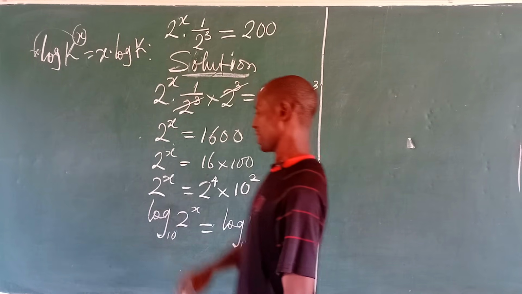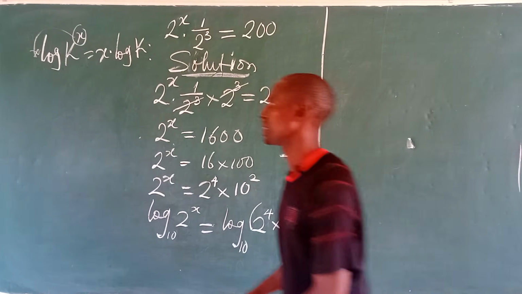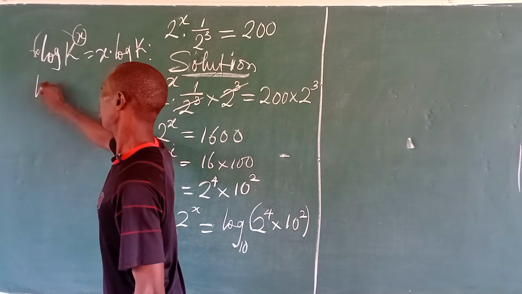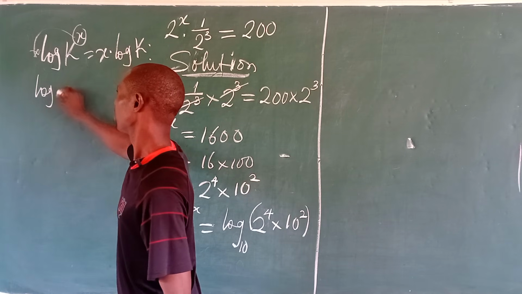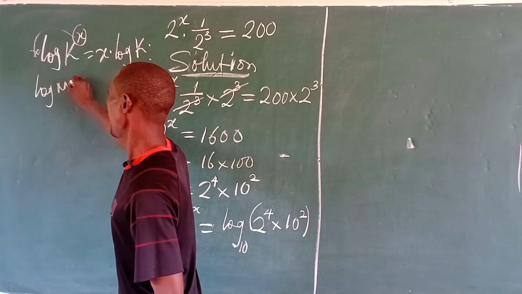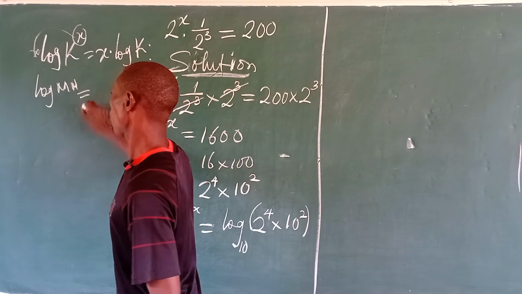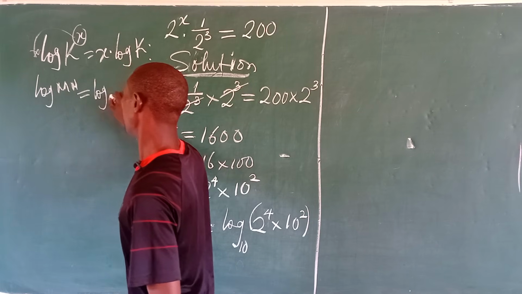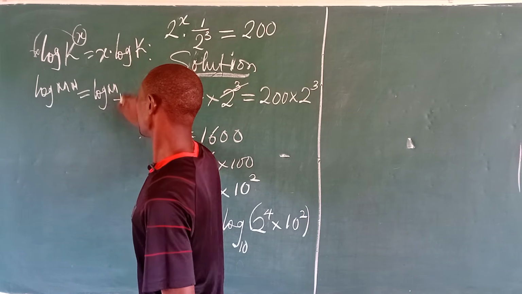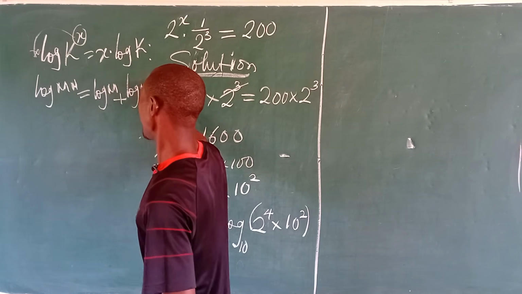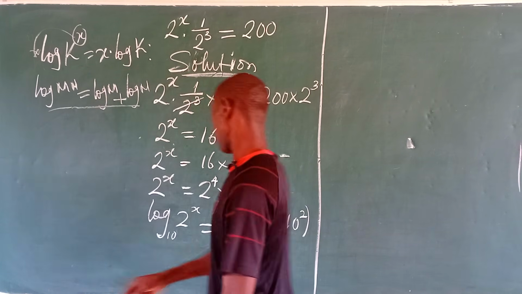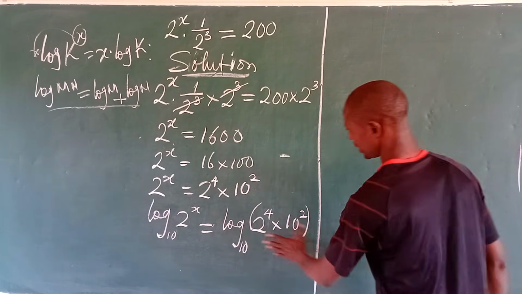Now, the multiplication rule says that if you have the log of mn, this is equal to the log of m plus the log of n. So we're going to apply these two rules to this equation.